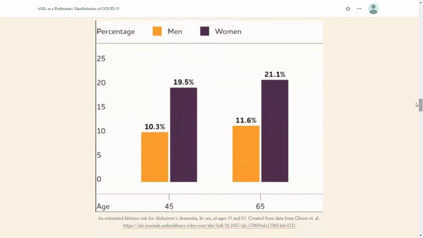Now, this graph shows us that at age 45, 10.3% of men had the diagnosis of Alzheimer's, while 19.5% of women had Alzheimer's. And at age 65, it also showed that the women population had more presentation of Alzheimer's than the men population.